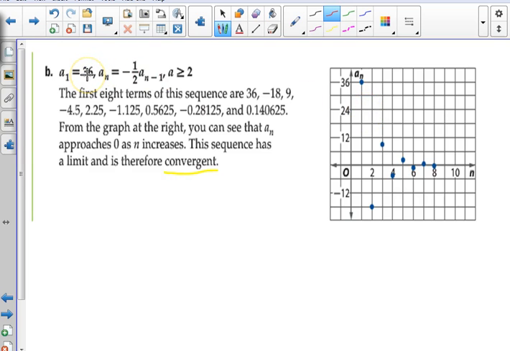So it says start at 36. Half of that's negative 18. Then, because you're multiplying by negative 1/2, it would be 9, negative 4.5, positive 2.25, negative 1 point, blah, blah. Do you see that it's getting closer and closer to 0 because we're taking half of the number over and over?